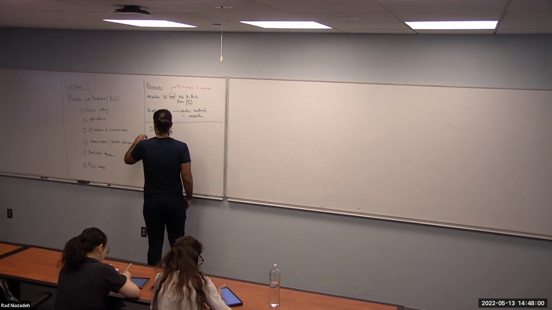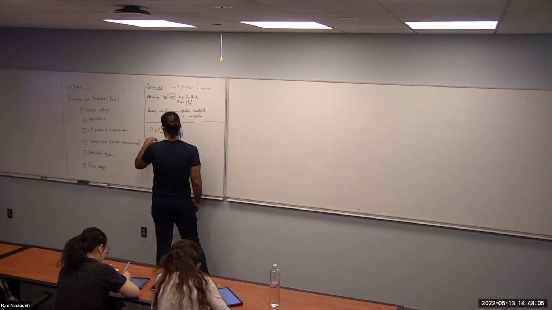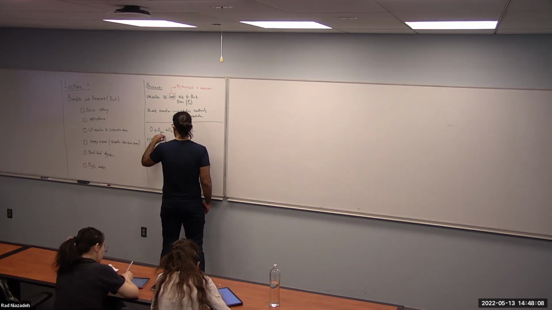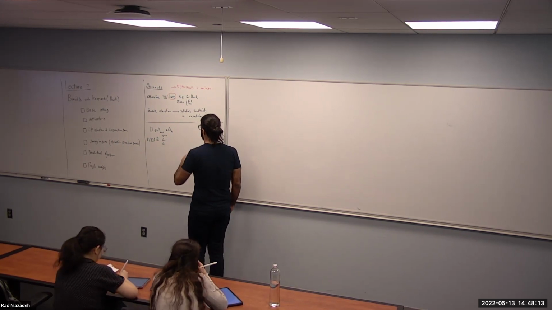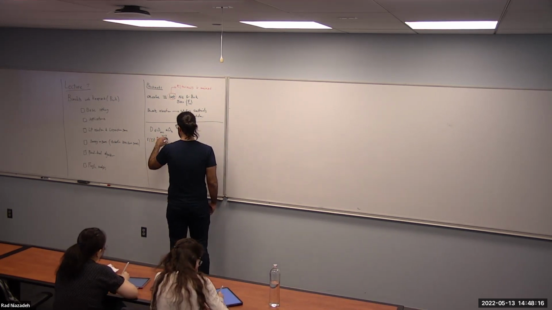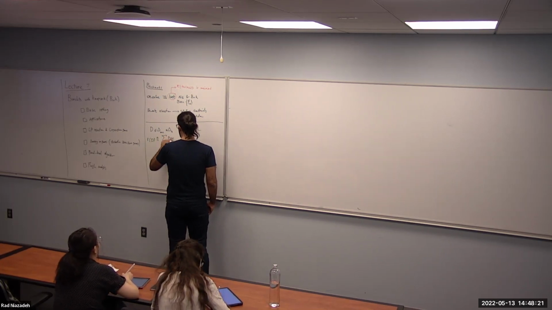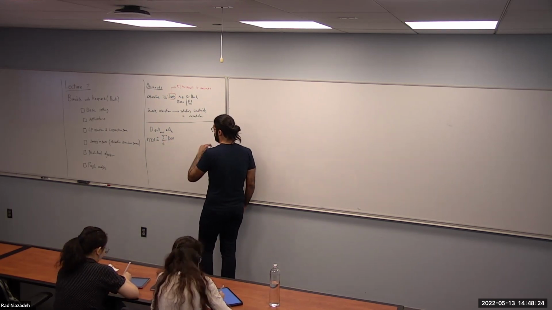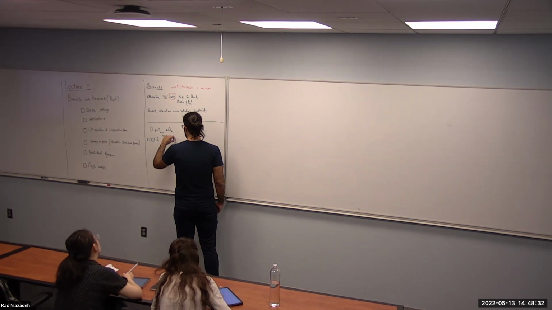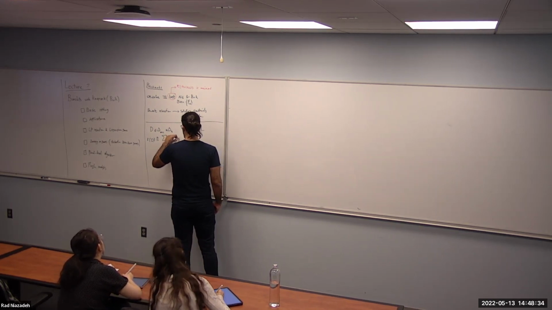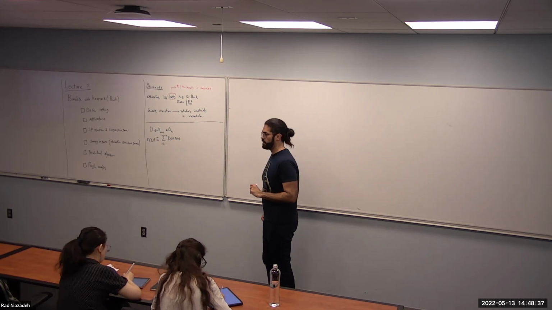Then I'm going to define R of D. This is the definition: R of D is equal to the sum over all arms A of D of A, which is the probability that arm A is chosen, multiplied by R of A. And what is R of A?